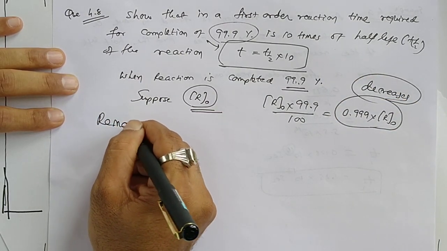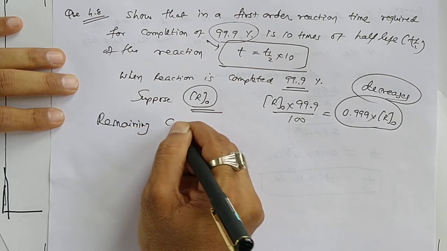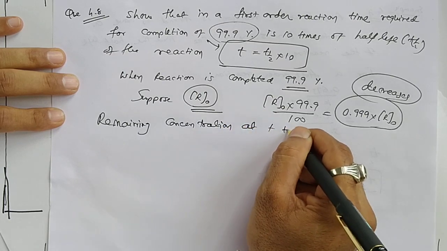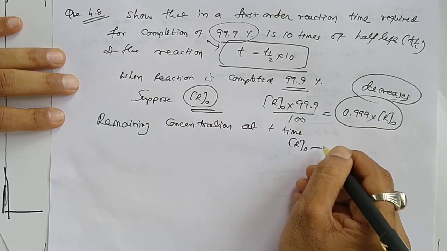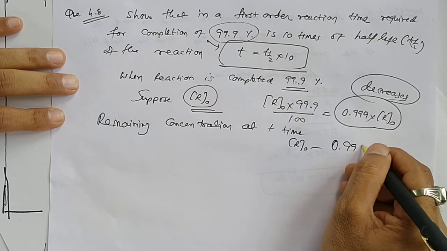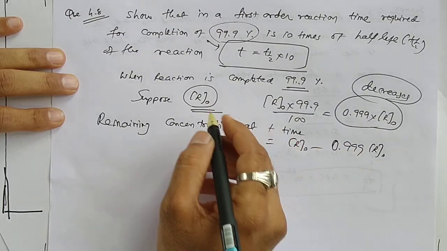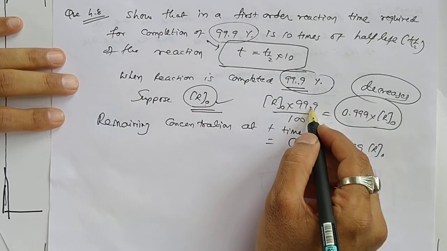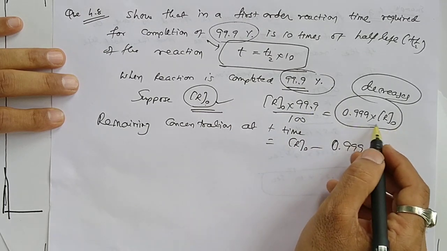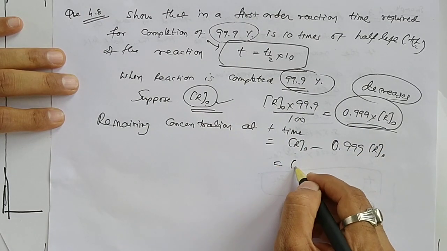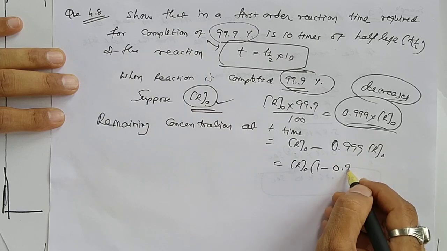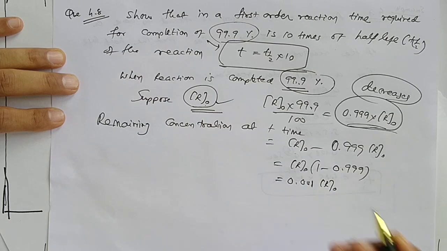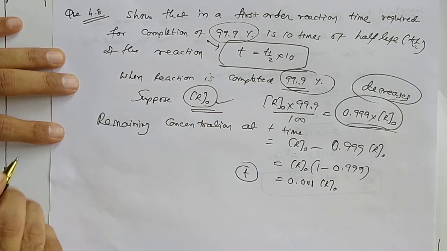So remaining concentration at T time is R0 minus 0.999 R0. When 99.9% is complete, that much has decreased, so the remaining is R0 common, 1 minus 0.999, so 0.001 R0 is remaining at T time.